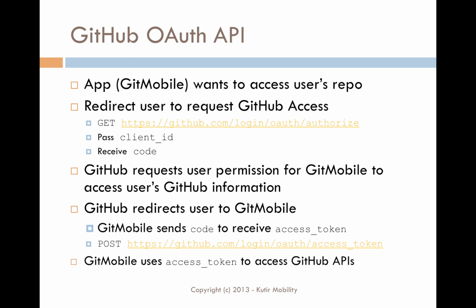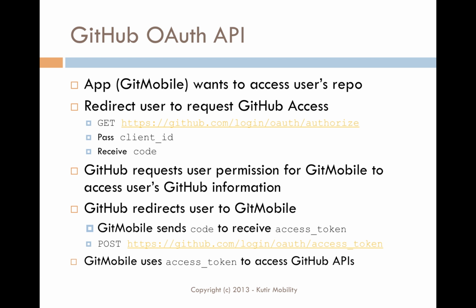In the first step, the user is redirected to the GitHub access page. And the API that I've listed on the page, GitHub/login OAuth authorize, is the one that my code needs to send to GitHub to get the user to authorize my application to access the GitHub APIs.